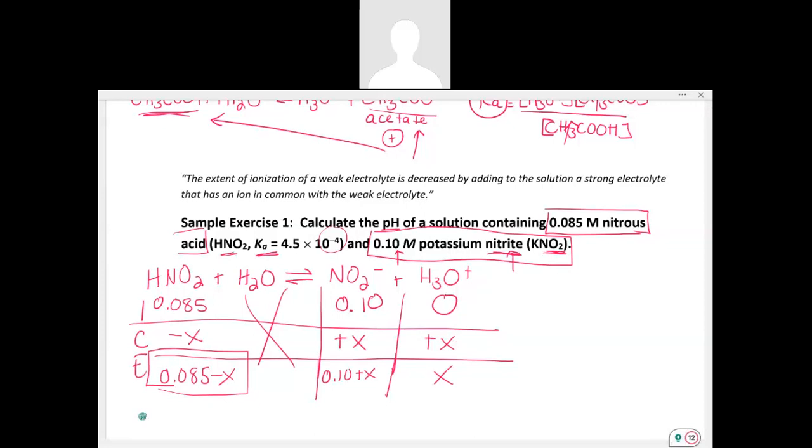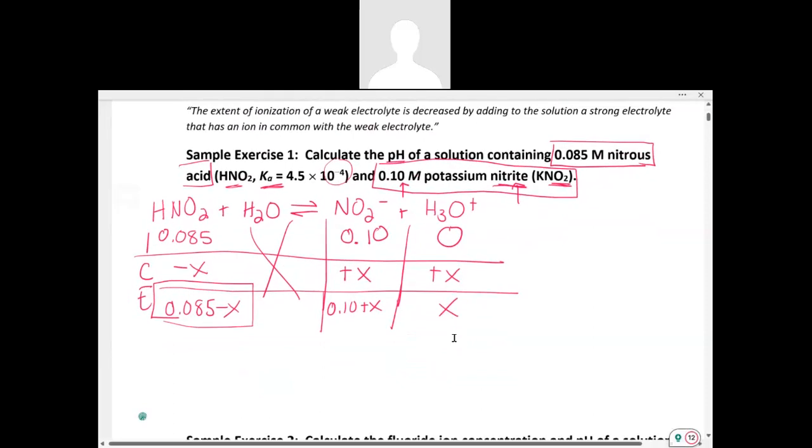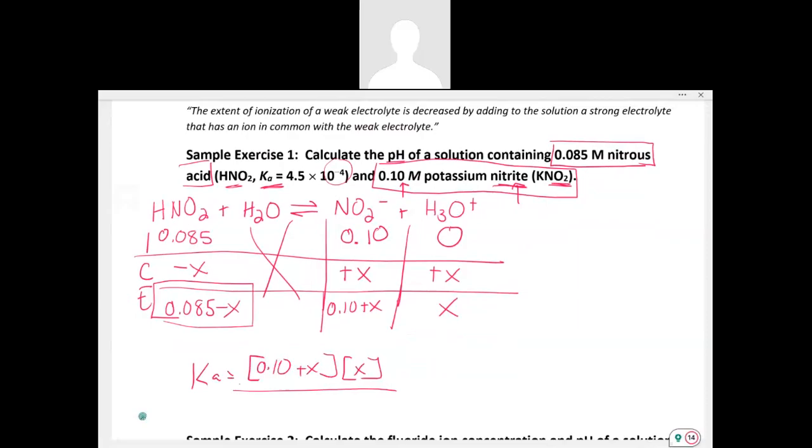So let's take a look at if we were to set this equal to our Ka expression, what this would look like. We would have that Ka equals the concentration of products. So we have 0.10 plus x for our concentration of nitrite. Then we have just x over here, and that's going to be over 0.085 minus x.